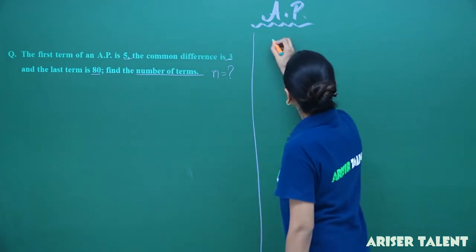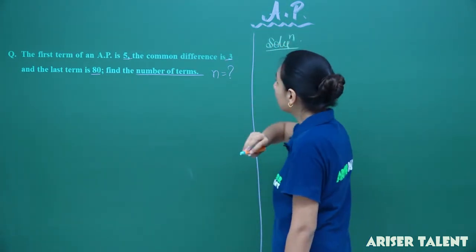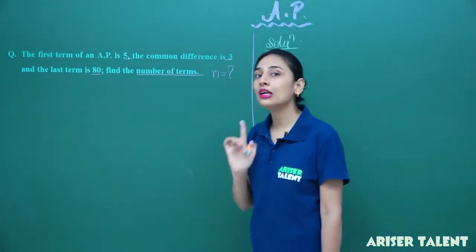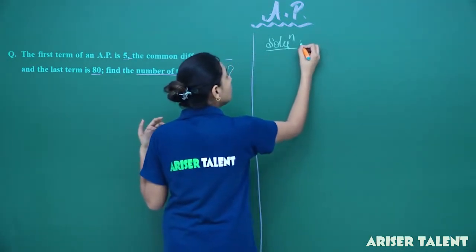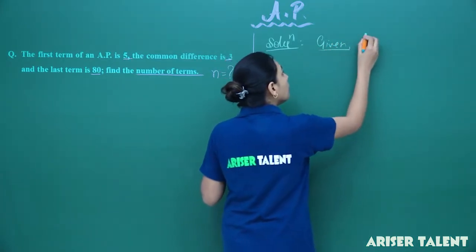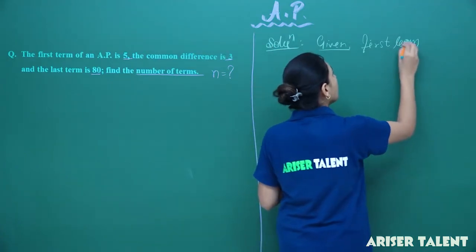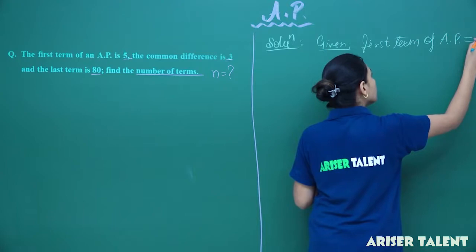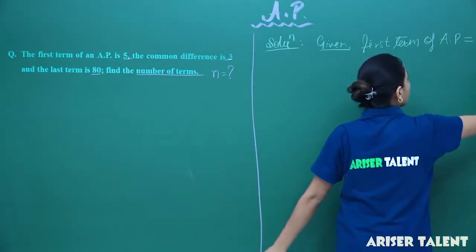Here is the solution part. The first term of AP, we always denote as A. So, given the first term of AP, A equals 5.